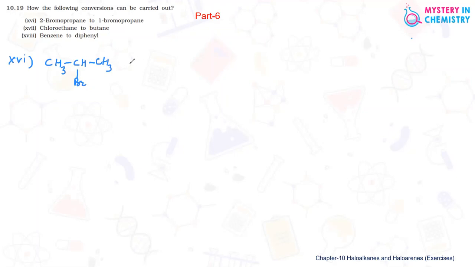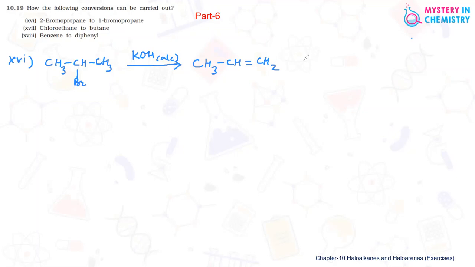For that, first reaction should be dehydrohalogenation, that is by alcoholic KOH. So again we have to use the same reaction, alcoholic KOH, and by that alkenes are formed. So CH3, CH double bond CH2.